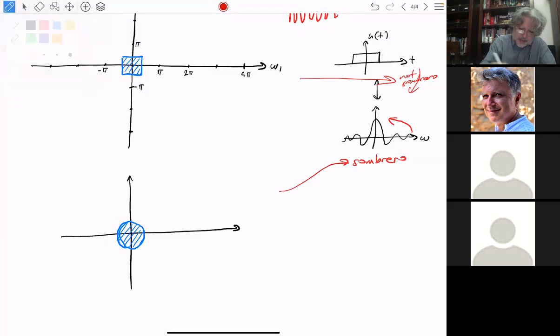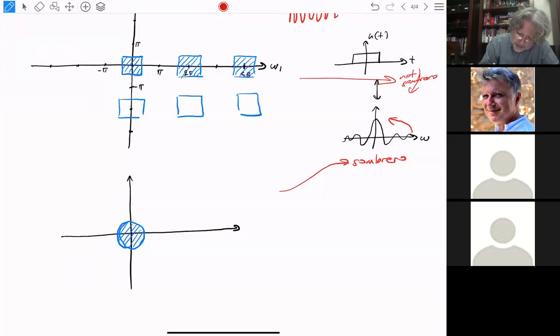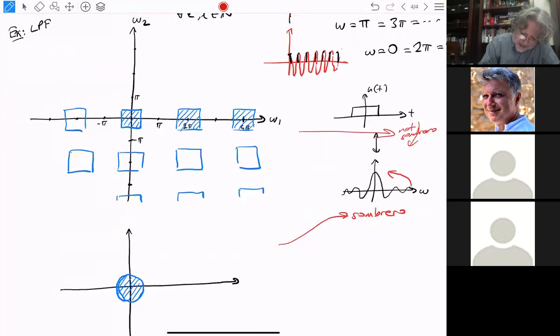Since it is 2 pi periodic, as I say, we don't have to draw them, but we have to implicitly assume and observe that actually we have the low pass entities all the way here, here, here, and of course here, and here, and here, etc. We have them everywhere.